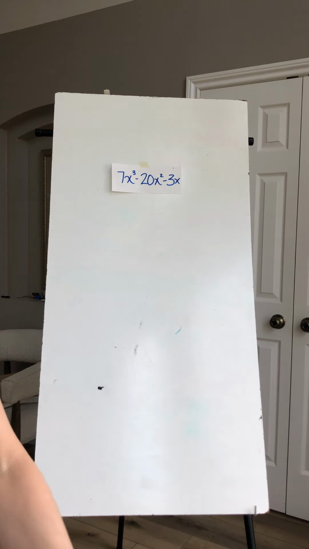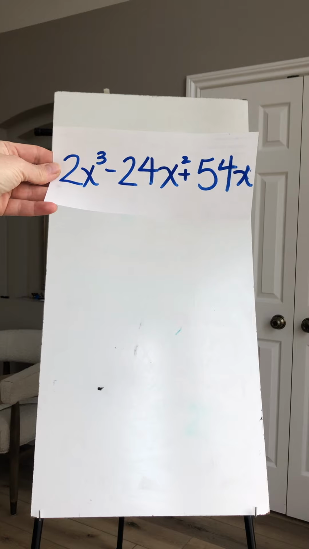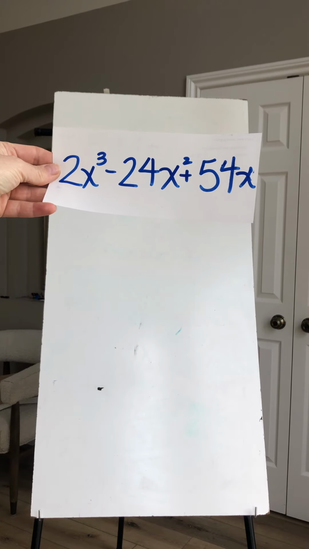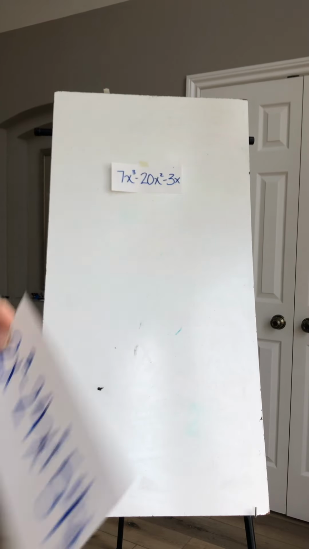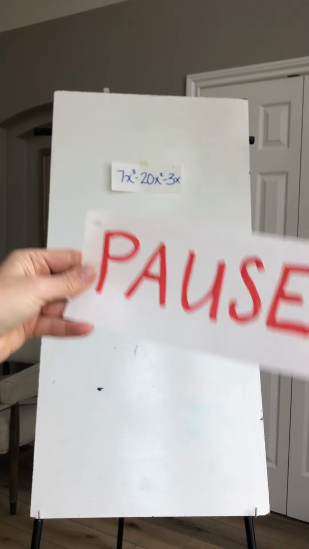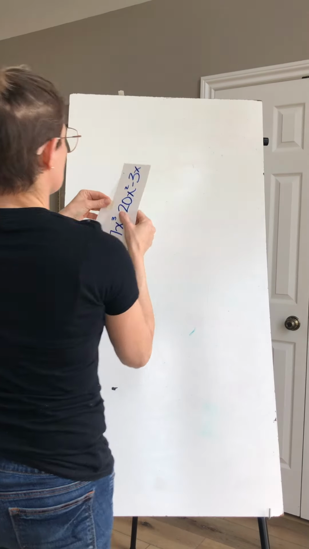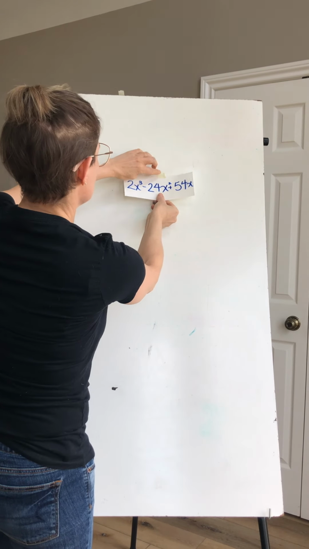And last one. 2x cubed minus 24x squared plus 54x. Pause to do it. Oopsie, I don't need more tape. I can just use this.